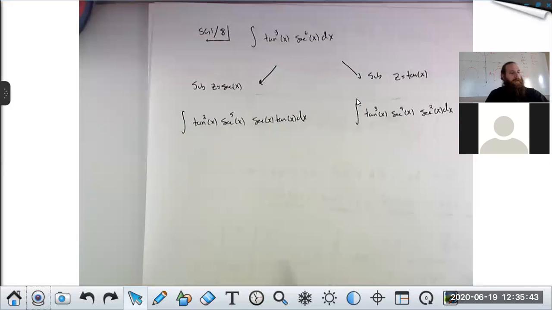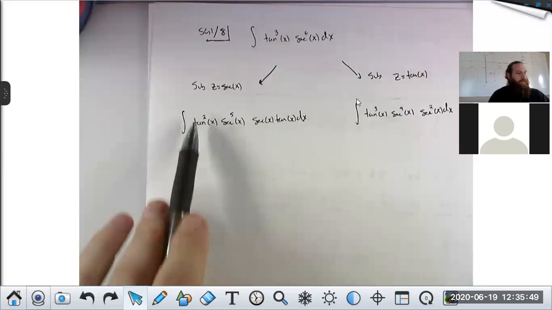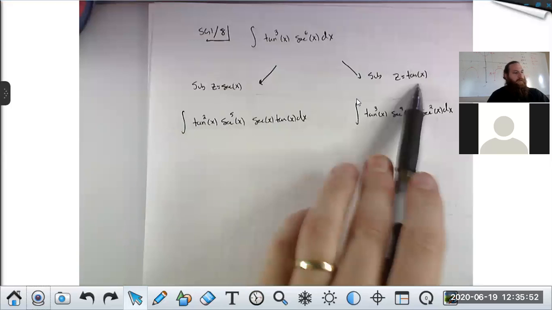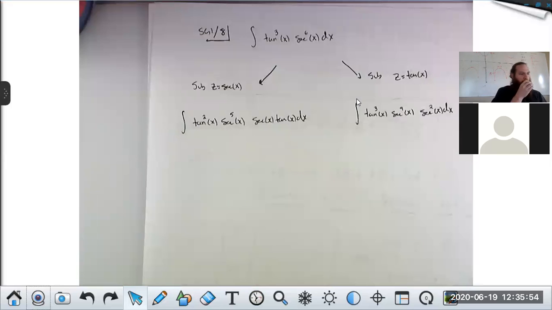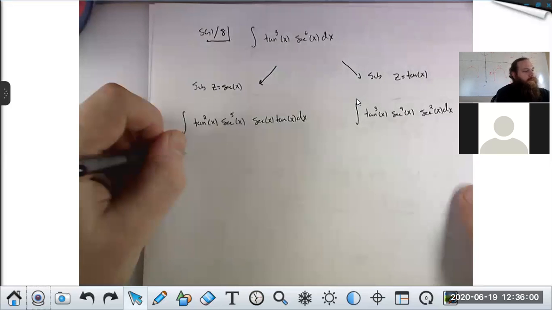Before I'm able to implement either of those substitutions, though, I need to rewrite the remaining powers of the other trig function in terms of the one I'm going to substitute for. This, to me, makes the secant substitution look nicer.